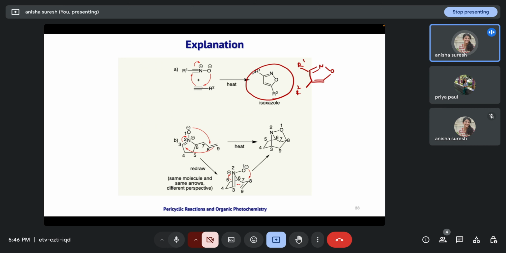What I thought, I'm just telling you, is that the O minus will attack where the electron density will be less in the alkene. And the carbon which is connected with R2 has more electron density compared to the other carbon.